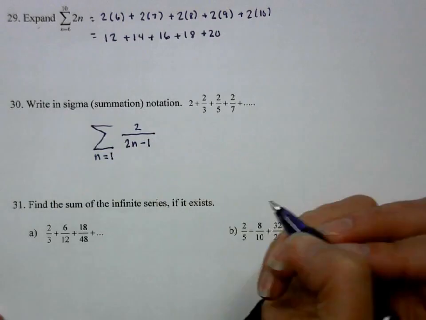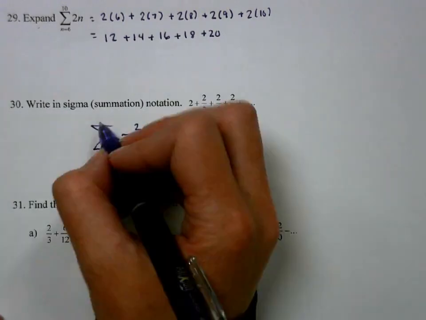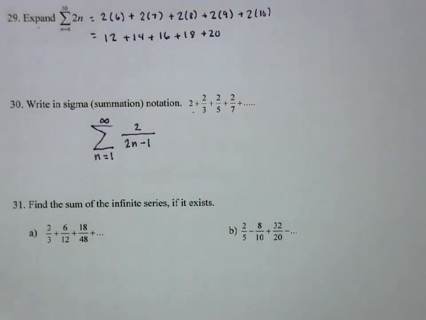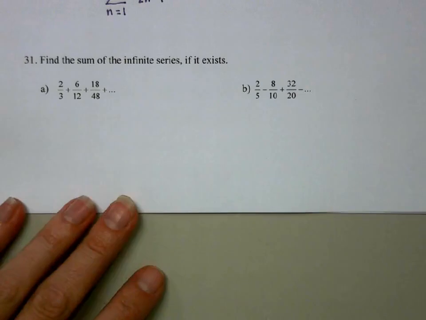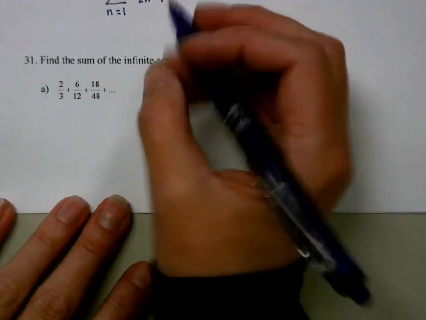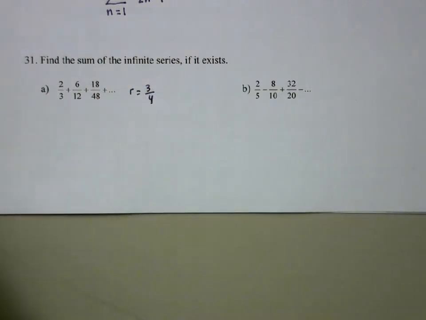Okay, here we want to find the sum of the infinite series if it exists, which means we need to look at the common ratio. Here we're multiplying by 3 over 4, so my ratio is 3 over 4, which means the sum certainly does exist and is a over 1 minus r. So that's going to be 2/3 over 1 minus 3/4.